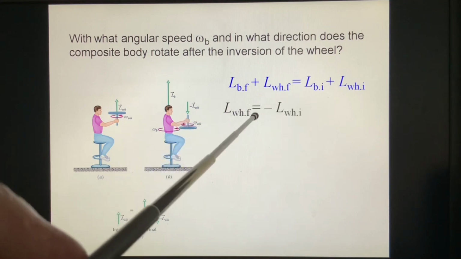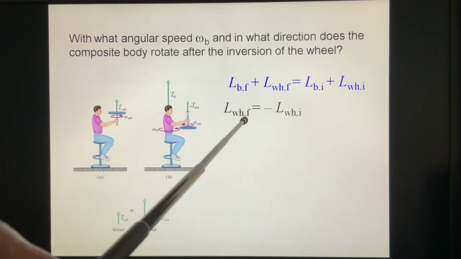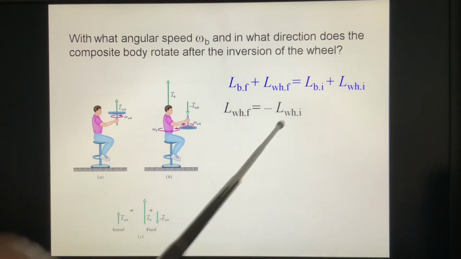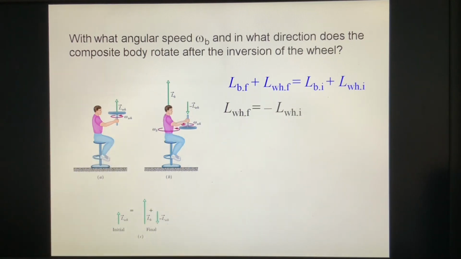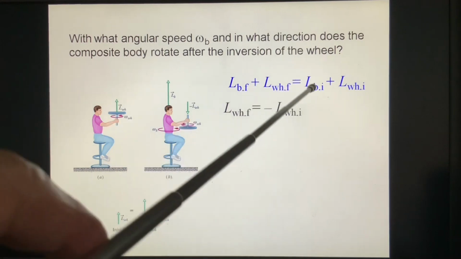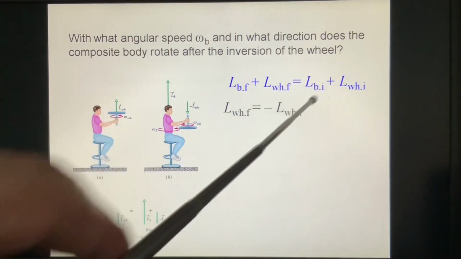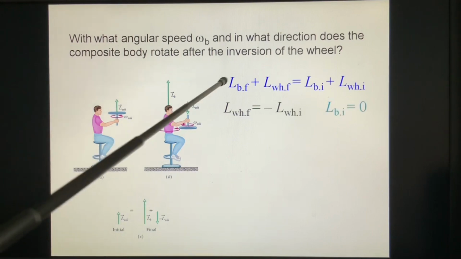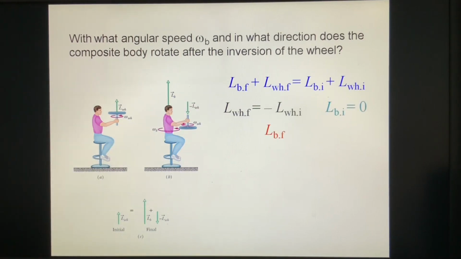The final angular momentum of the wheel is equal to minus the initial wheel's because you turn it around. And the initial angular momentum of the stool is 0. I want to find this one. It's very simple.